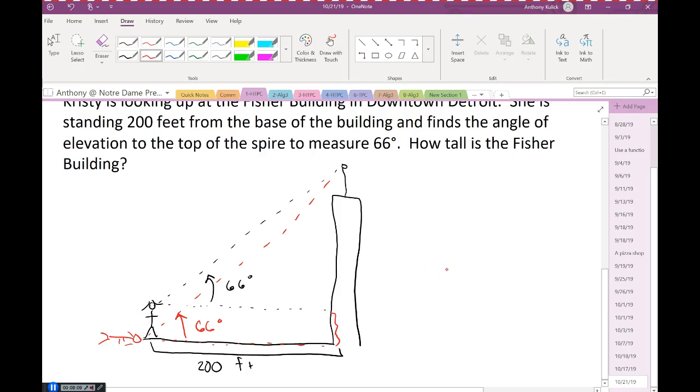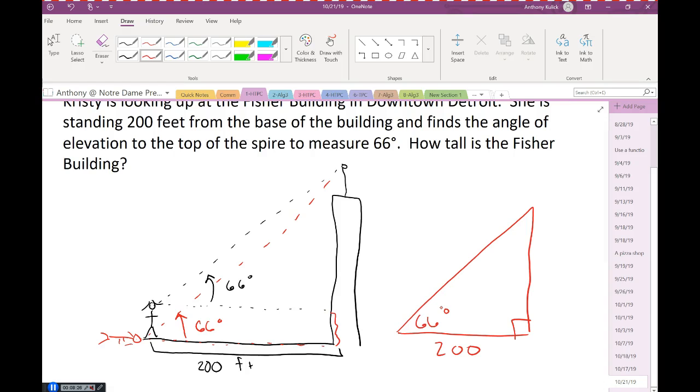So if we resolve this picture now into a triangle, we have this. Everybody agree with that? What side am I looking for? The other leg, right?